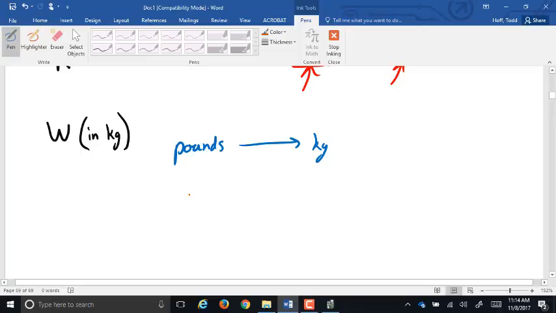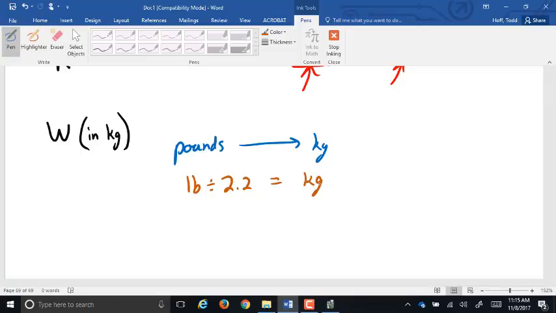The conversion factor was given earlier in the unit; I usually use 2.2. I want to make sure they're using the same one. I don't see it now, so we won't worry about it. To get from pounds to kilograms, your weight in pounds divided by 2.2 gives you your weight in kilograms. So you would have to divide by 2.2 to turn those into kilograms.